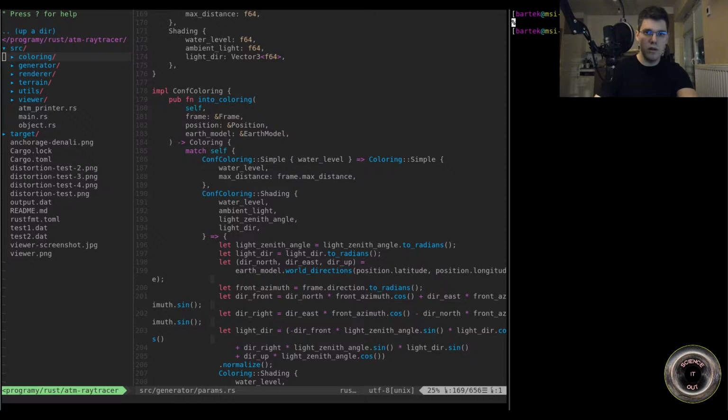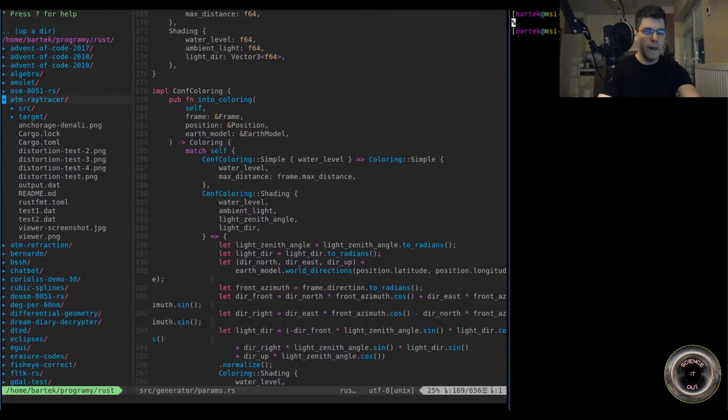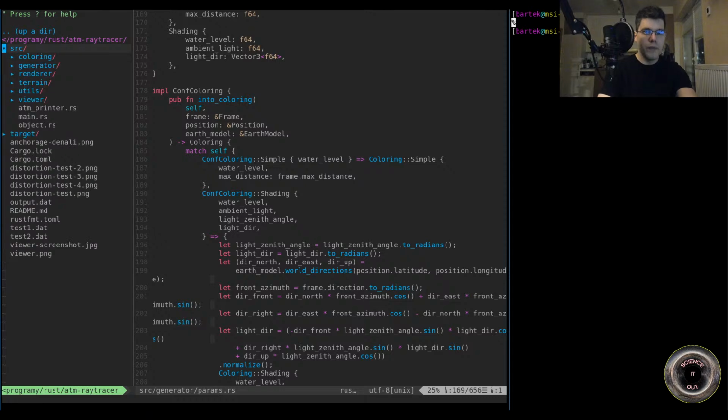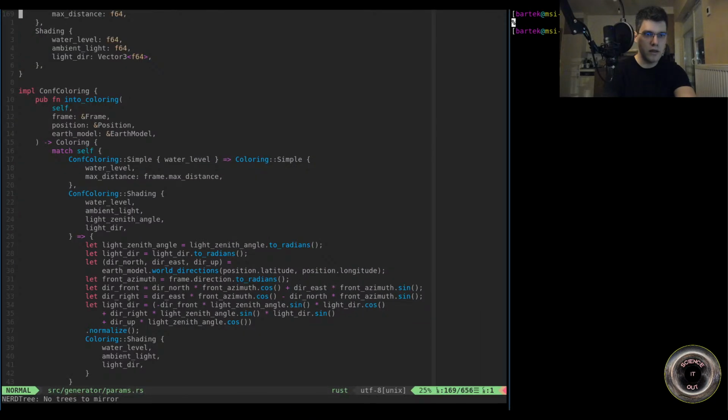I'm currently looking at a different part, but oh wait, no, that's the wrong part, because the Raytracer itself doesn't contain this code.